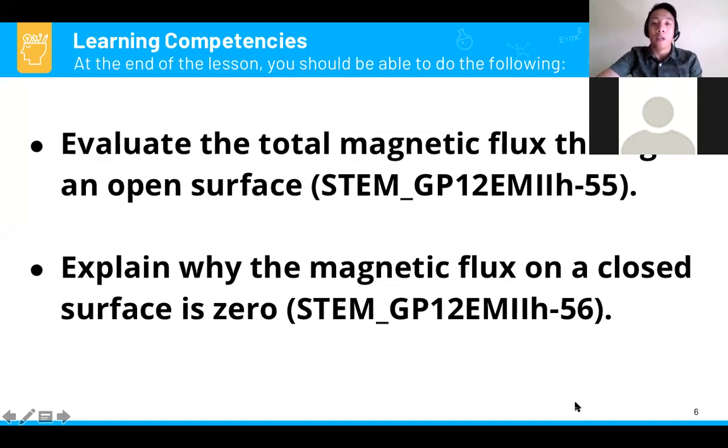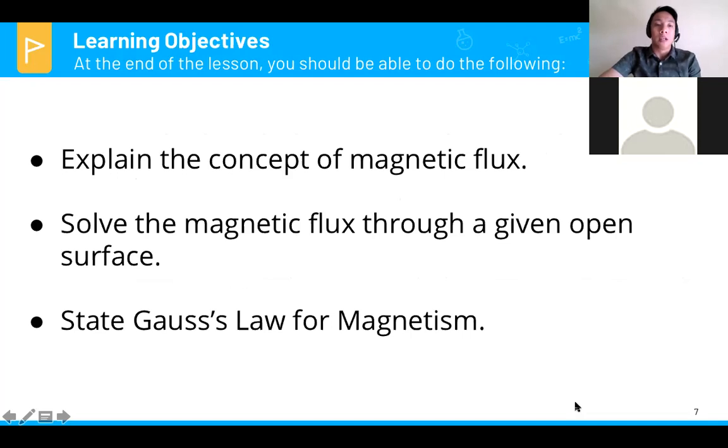It's because I will give you some activities here that you will use your pen and paper to answer. And then we will see if you're correct or not. Okay? To explain the concept of magnetic flux, solve the magnetic flux through a given open surface. State the Gauss's law for magnetism. Okay? So those are the main three objectives.